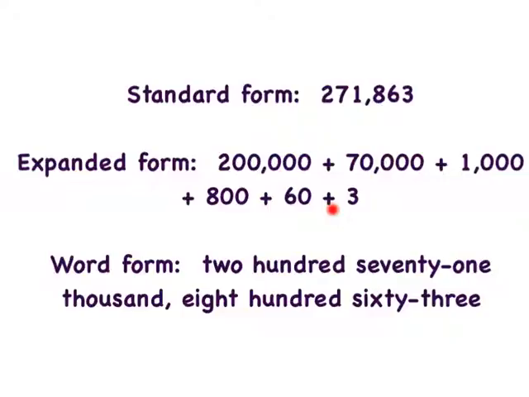We have a plus sign. And our last digit is a 3, and its value is 3. In word form, we would say this number 271,000. Notice the 1,000 because that is our period name or our family name. And then we have our comma. 863.